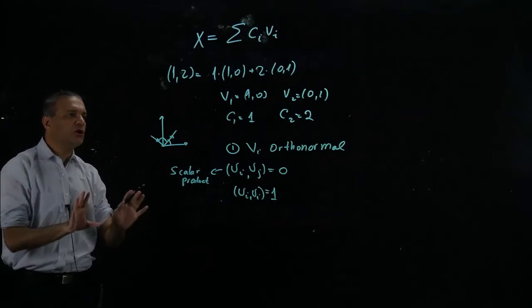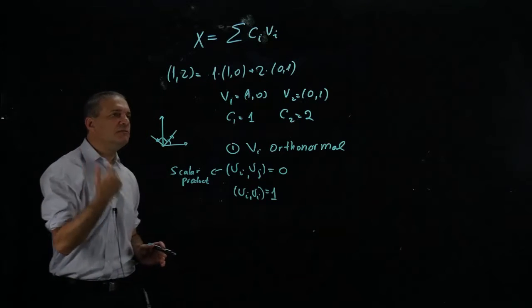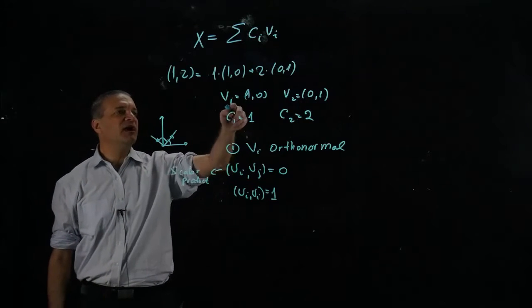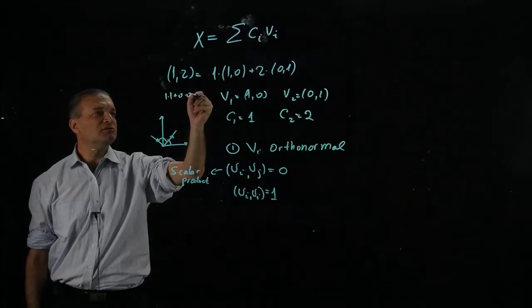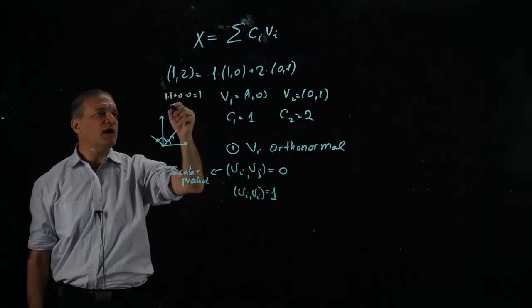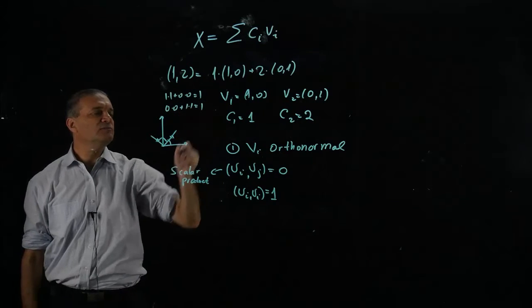That's what we call an orthonormal basis. For example, (1, 0) and (0, 1) form an orthonormal basis. Why? Because V1 dot V1 is 1 times 1 plus 0 times 0, which is 1, and V2 dot V2 is 0 times 0 plus 1 times 1, which is 1.